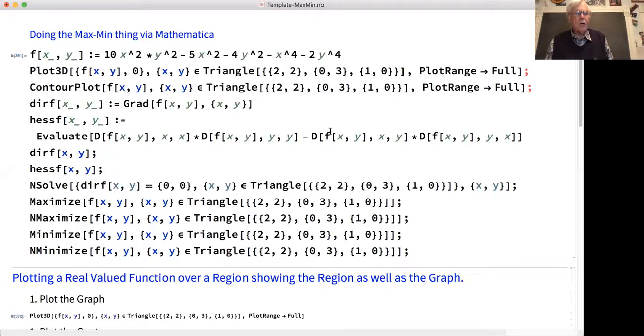So here is this document. This is how to find the max-min stuff that I'm going to ask with Mathematica, when it works, what it doesn't. Up here in this first area, I put in a given function and I put in a given triangle.